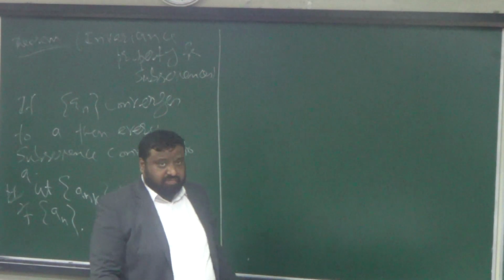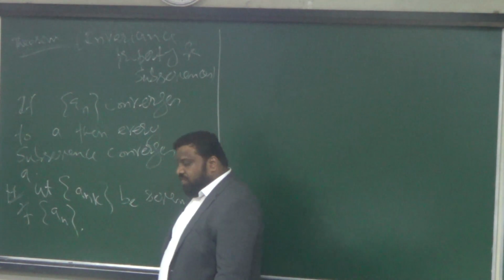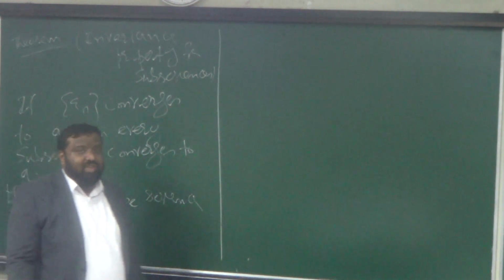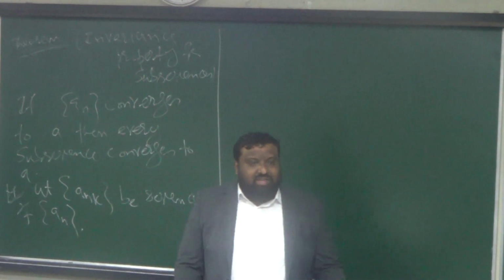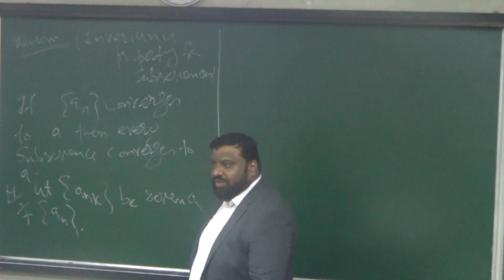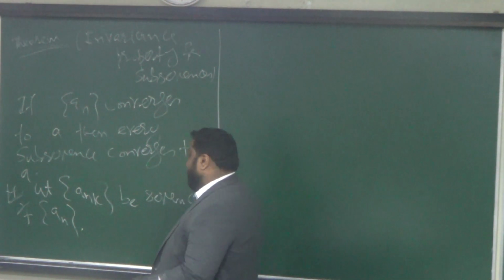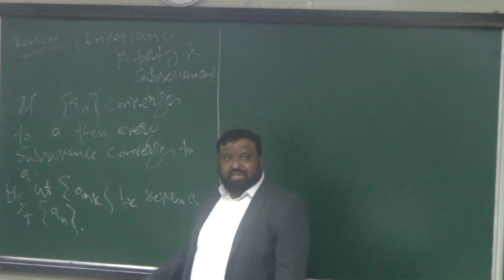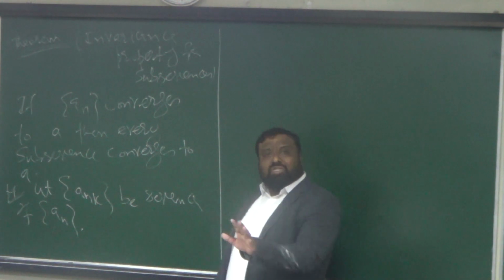I need to prove that this a_{n_k} is converging to the same limit A. Whenever you want to prove convergence, what do you want to do? We want to play a game, the game of epsilon and N. For a given epsilon, we need to find an N such that a_{n_k} converges whenever n_k crosses some bound.